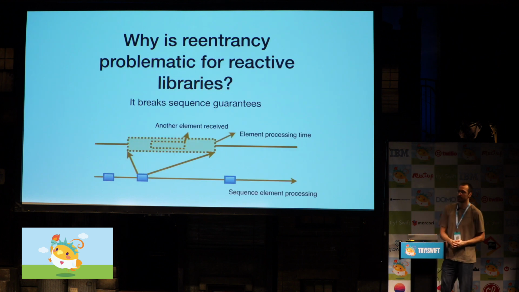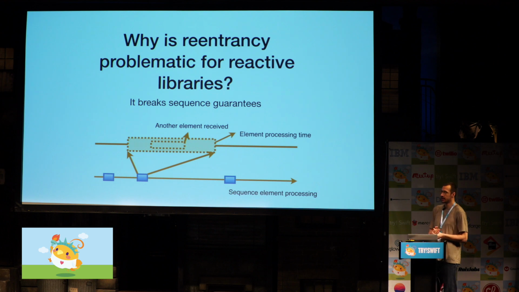So why is reentrancy problematic for reactive libraries, for all reactive libraries? They all work with something called observable sequences, and observable sequences assume that there is an ordering between elements. So if you have an element, and while you're processing it, which takes some time, you receive a new element on the same thread, how are these elements ordered?